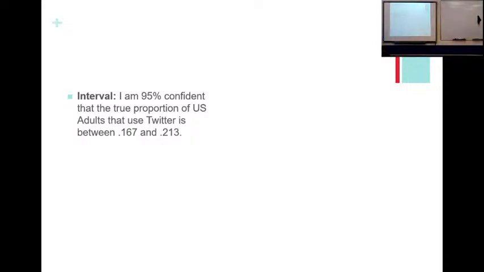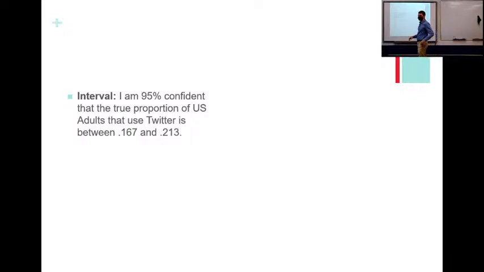The book would probably write the same sentence as we're 95% confident that 0.167 and 0.213 captures the true proportion of U.S. adults that use Twitter. That says the same thing.